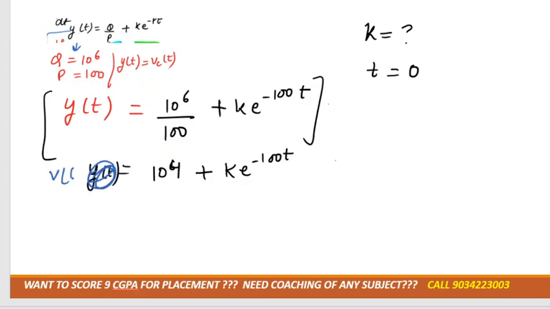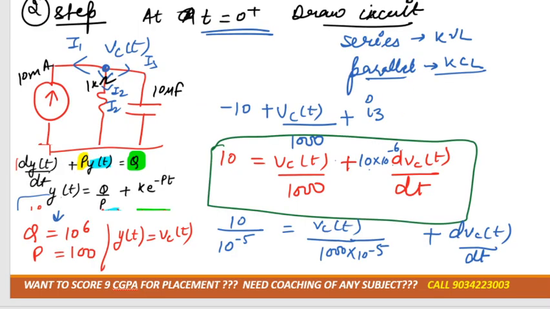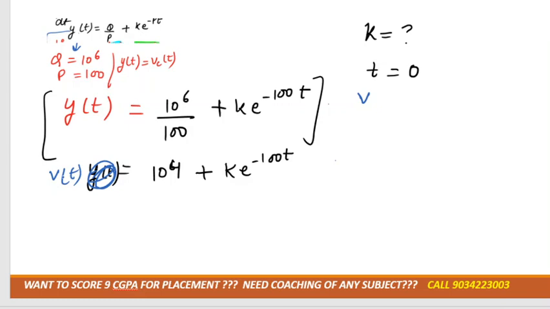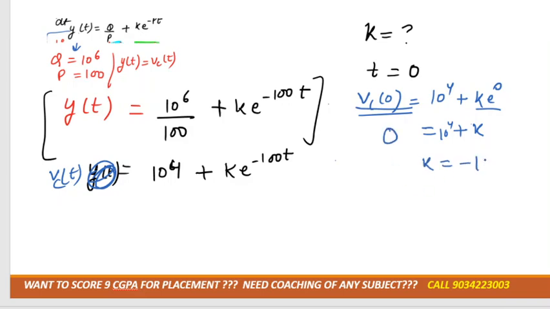This is v of t. If you put t equal to 0, then it will become Vc of 0, 10 raised to power 4 plus k into e raised to power 0. Yes or no? K into e raised to power 0 is k, plus 10 raised to power 4. Vc of 0 minus we already calculated, so k is equal to minus 10 raised to power 4, right?